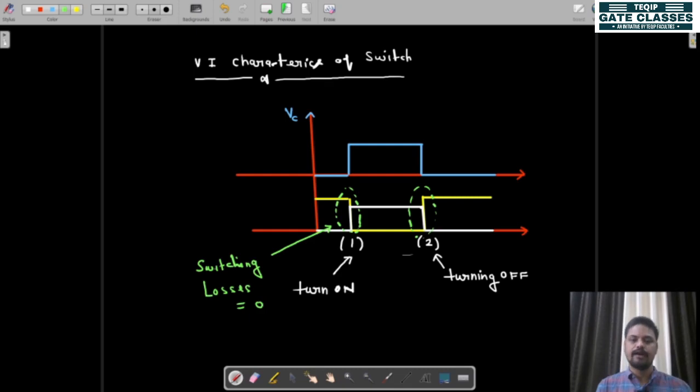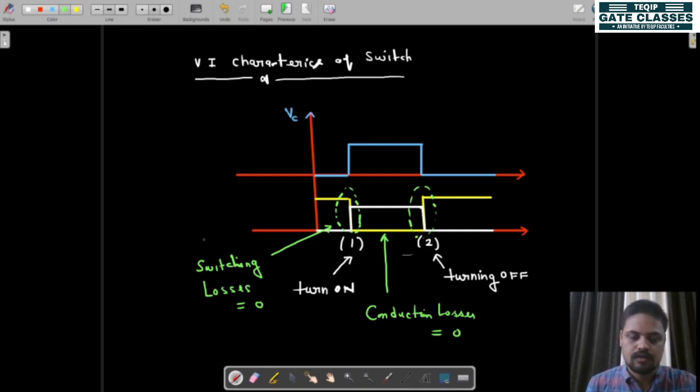So, this is what ideal switch is going to be, and there is no turn on losses also. Also 0. So, this is how we are going to treat switch.